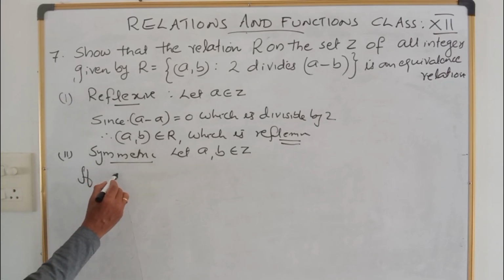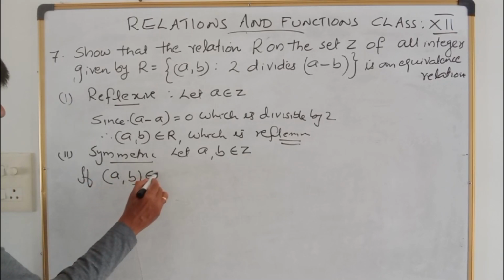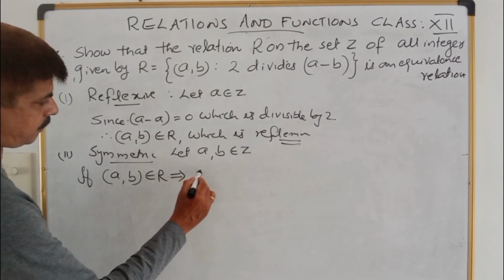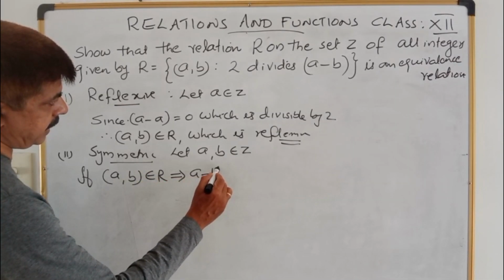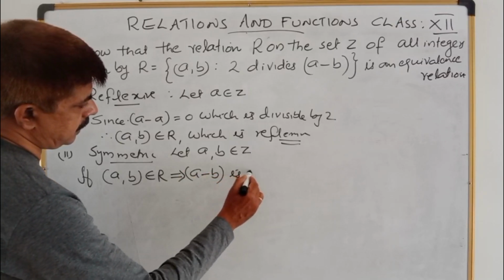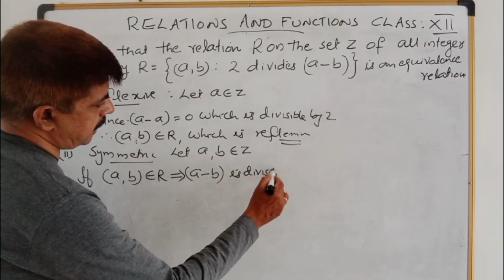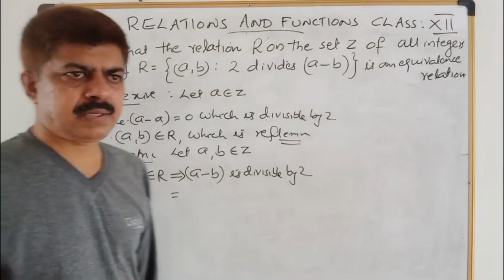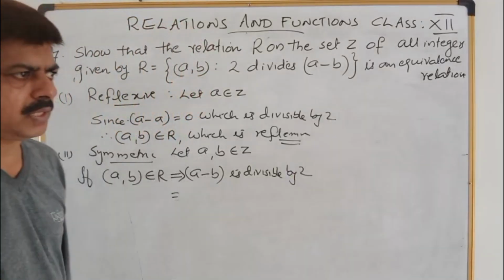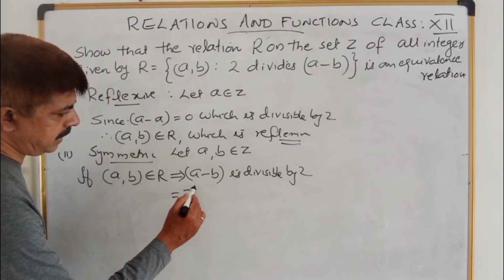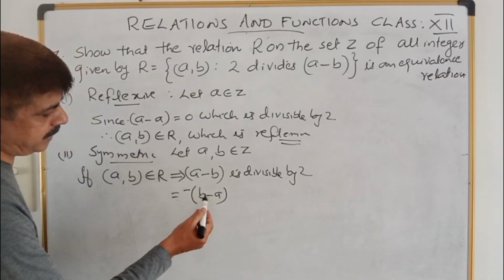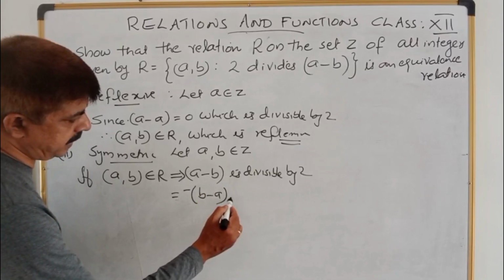If (A, B) belongs to R, we select an ordered pair from the relation. (A, B) belongs to R. What does it mean? A minus B is divisible by 2. So if A minus B is divisible by 2, then definitely B minus A is also divisible, because the negative should be taken out.